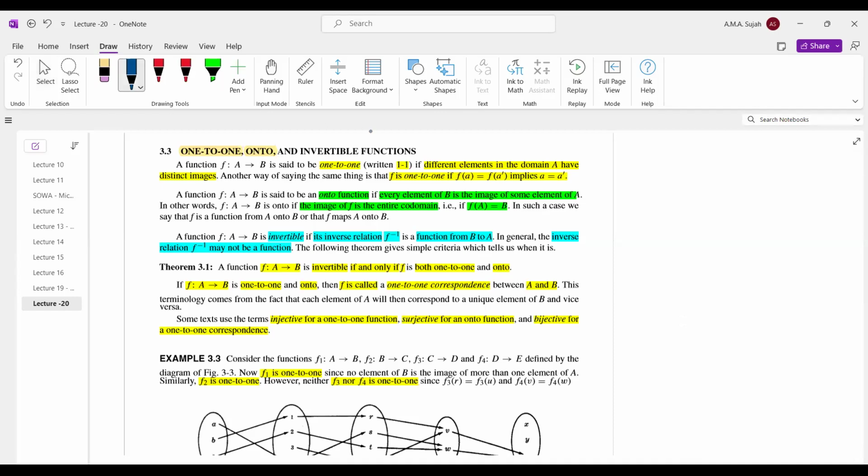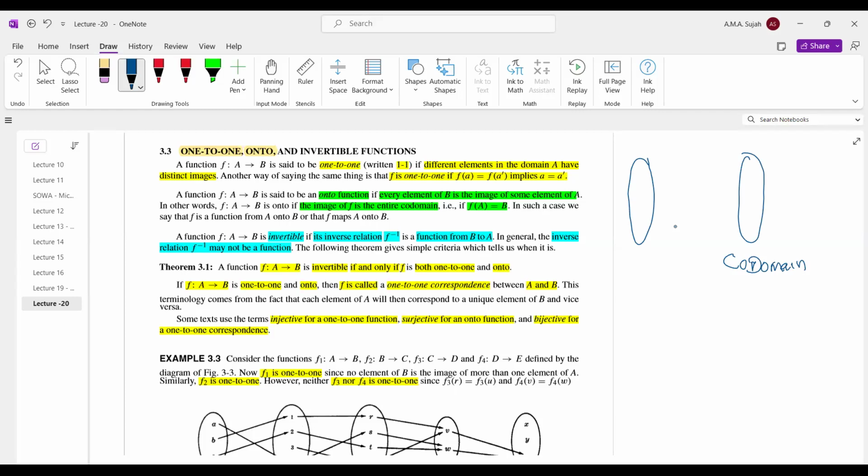If you look at a function here, we are not notating it by a graph, right? This is the codomain, so this is my codomain.